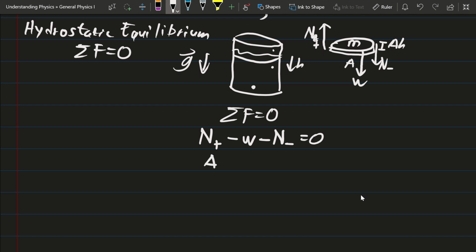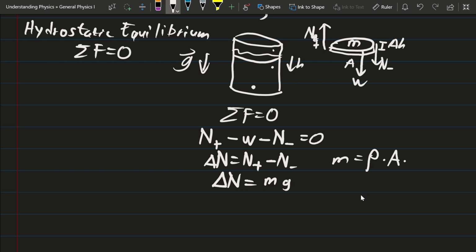So delta N will be defined as N plus subtracted by N minus. You would get delta N to be equal to the weight. What's the weight? It's m times g. And what's m exactly? m is the density rho multiplied by the area A, multiplied by the change in the height. So you could write the change in the normal as equal to rho A g delta h.